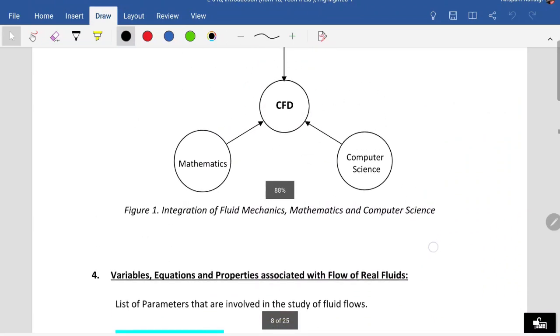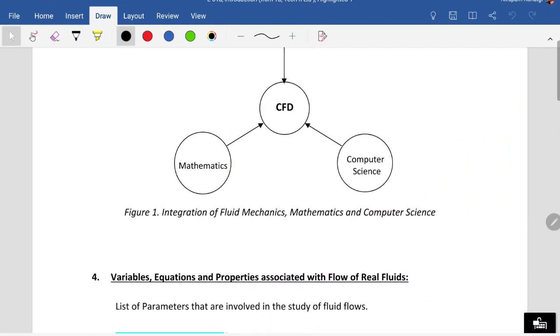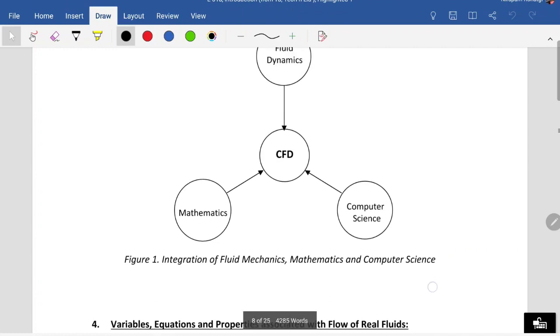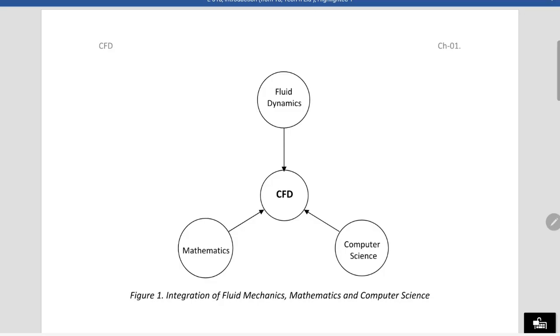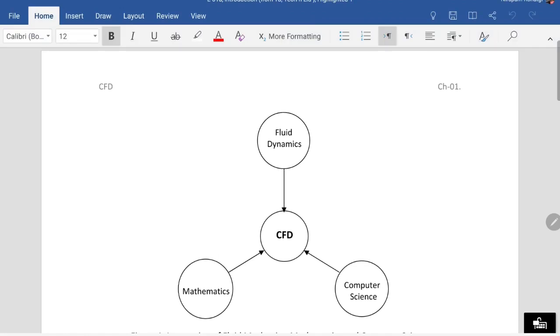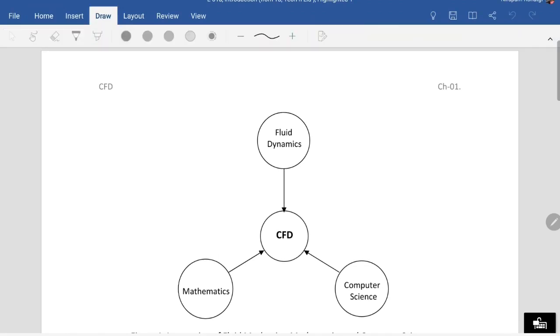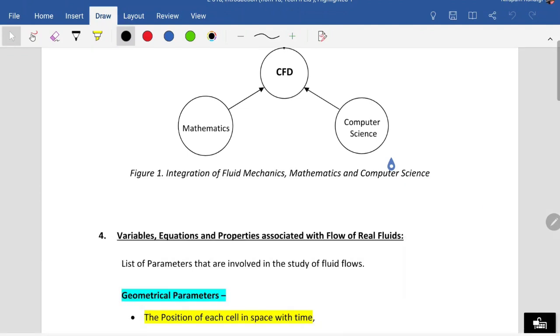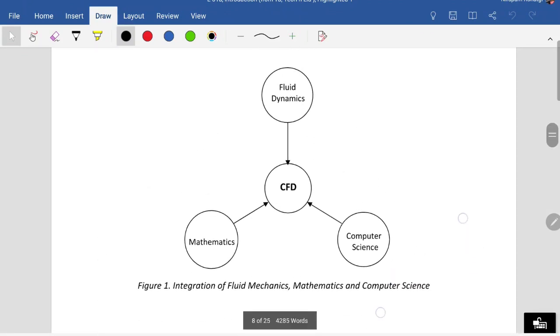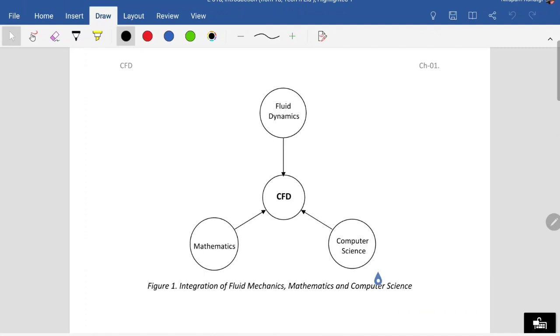So last time we were talking about how CFD is made up of three components. So there are three components.